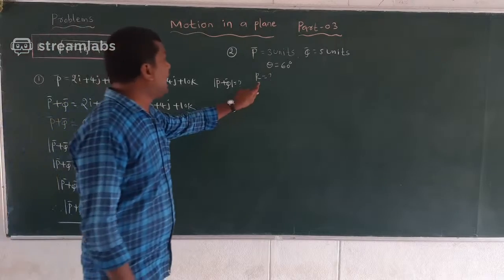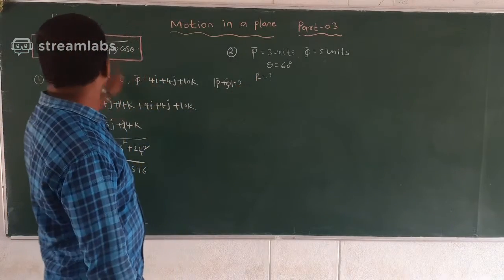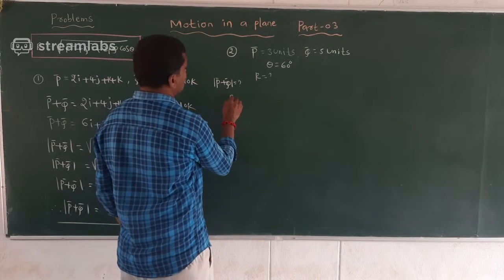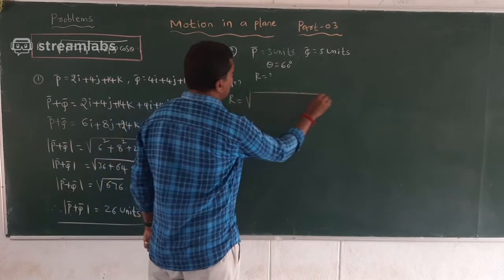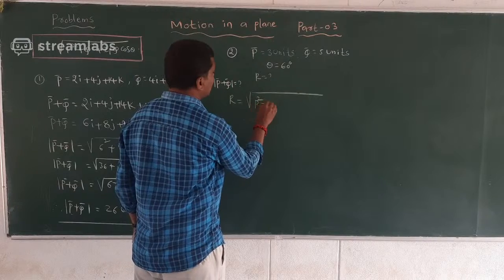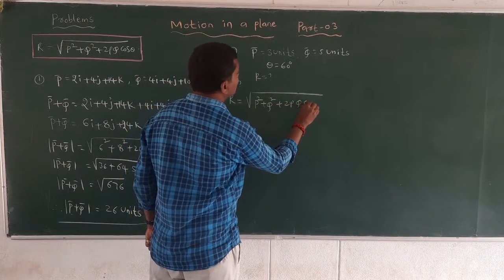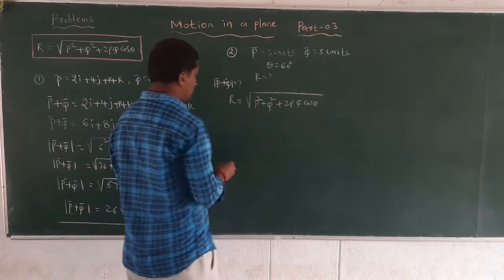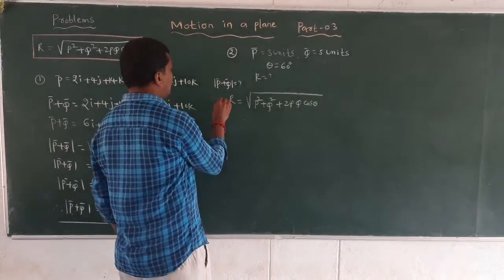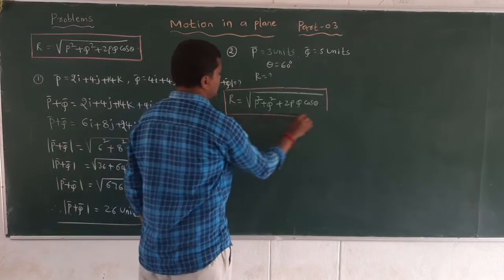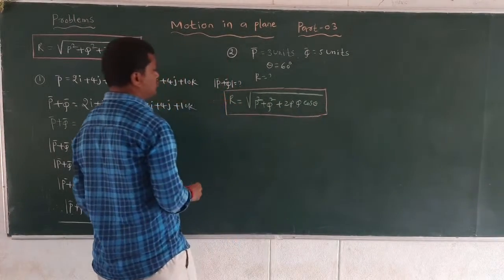Here we need R, and we have an equation for it. What is R? R is equal to under root of p square plus q square plus 2pq cos theta. So this is the formula for the magnitude of the resultant. Next we substitute the values.